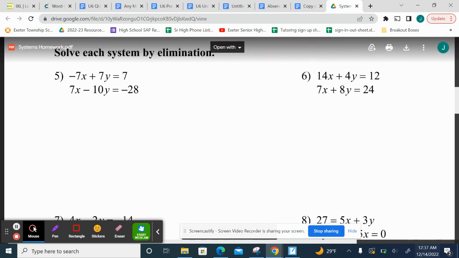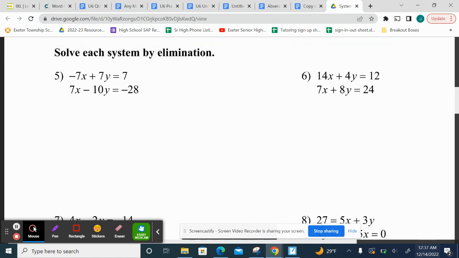The first one, once you get it so that it is lined up, you either can add right away or you're going to have to make an adjustment. And for number 1, you could add right away. The way to check that is just look down the rows. For example, these ones right here. One's a 7y, one's a 10y.